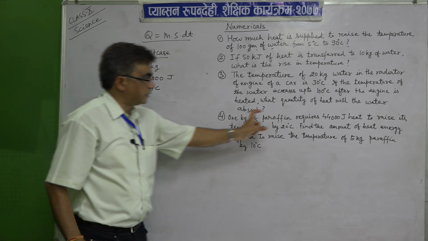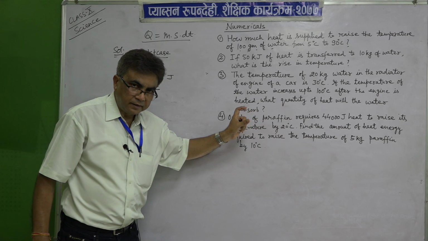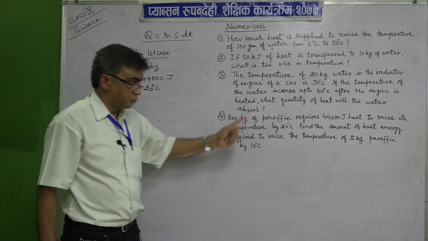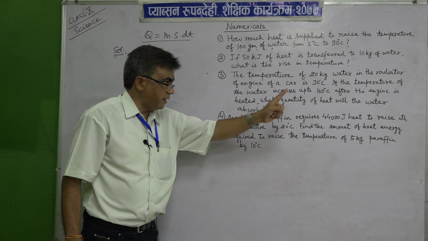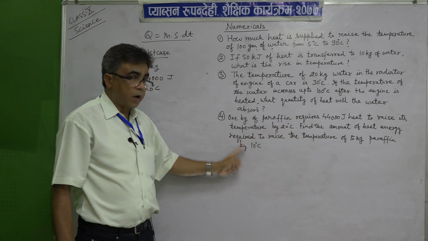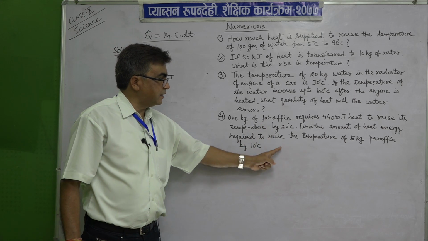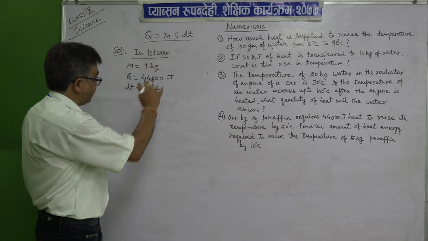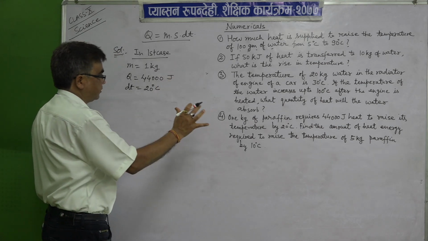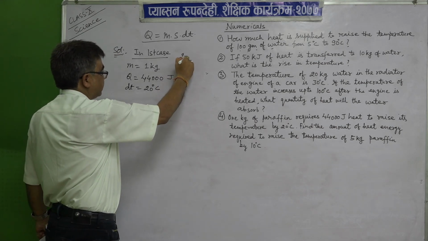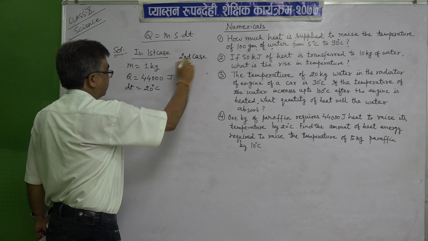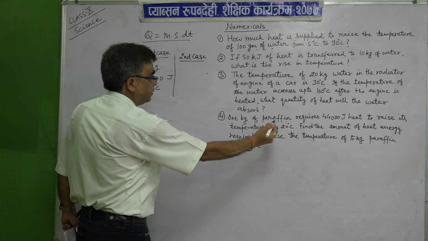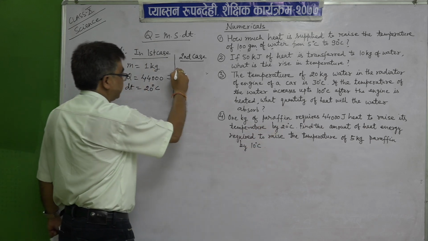This is the first part, okay. This is the given things. With the help of these given things, what you have been asked, find the amount of heat energy required to raise the temperature of 5 kg paraffin. So, there is second case, try to understand this question. In the second case, mass is given 5 kg.